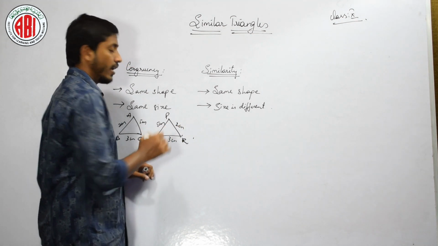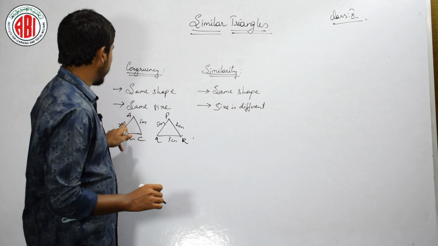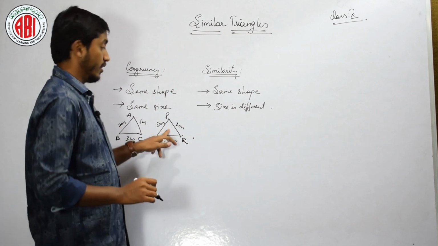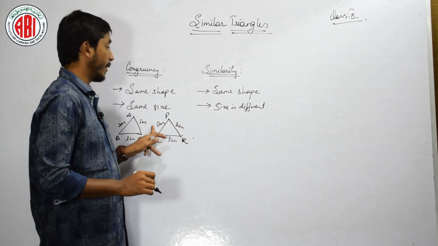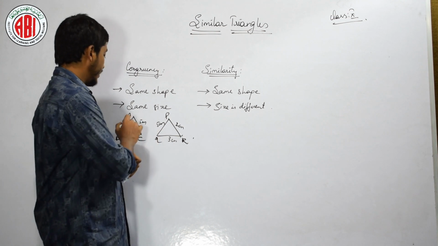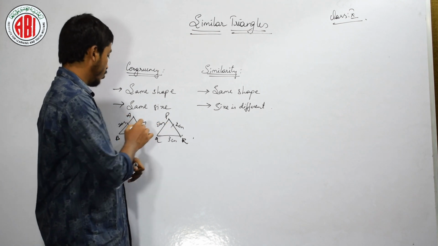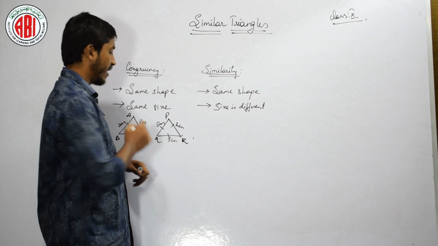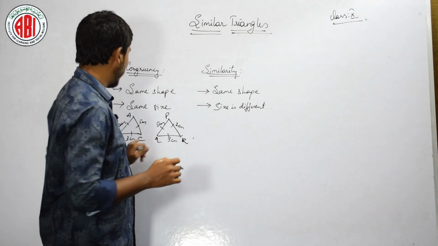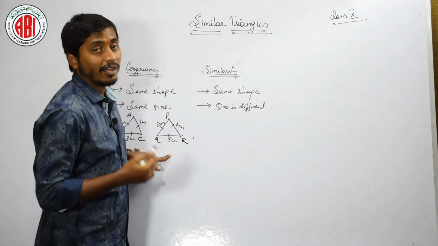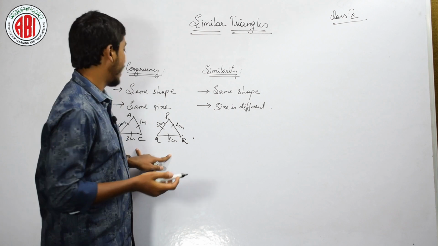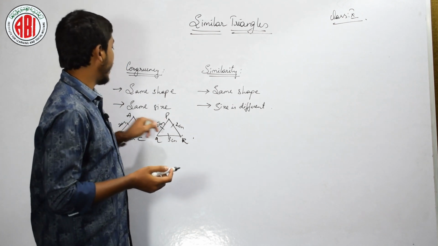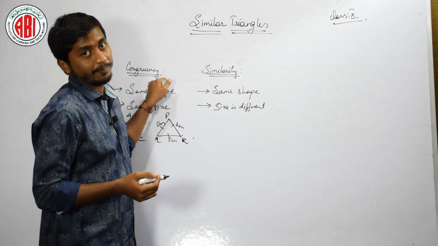This has three sides 2, 3 and 5, and this also has three sides 2, 3 and 5. Are these three sides the same? 2 is 2, 3 is 3 and 5 is 5. Do these two triangles have all three sides the same? Yes, they have. Therefore, they are said to be congruent.